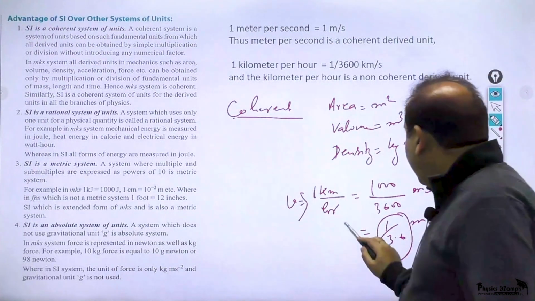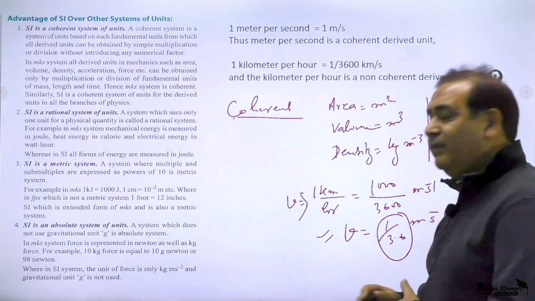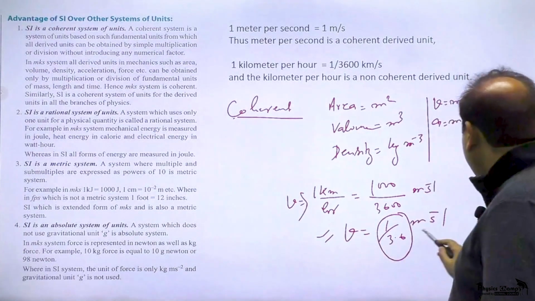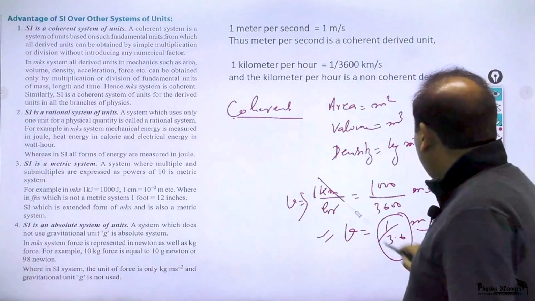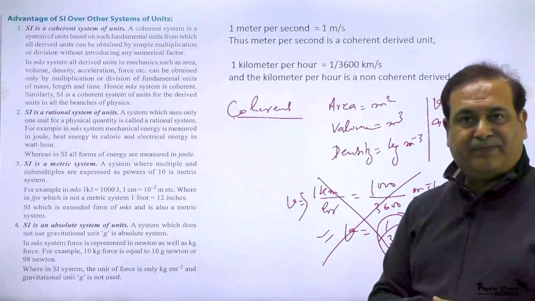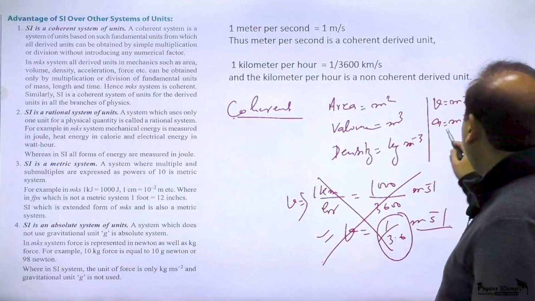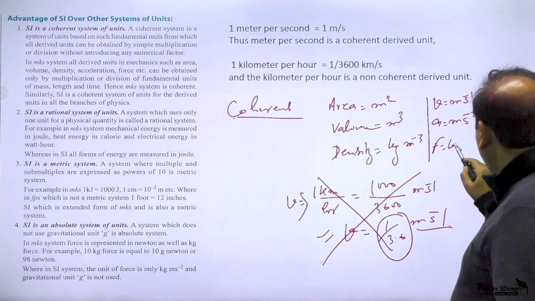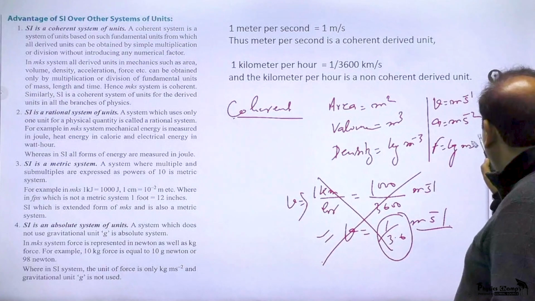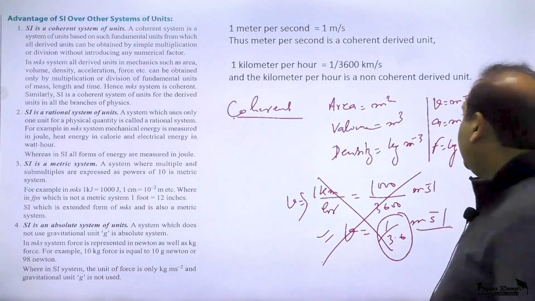So this derived unit of velocity in terms of fundamental units has a numerical value to be added. It's a non-coherent system. But here, for velocity, the unit is meter per second. For acceleration, the unit is meter per second square. For force, the unit is kilogram meter per second square. No numerical values are to be added. It's a coherent system of unit.